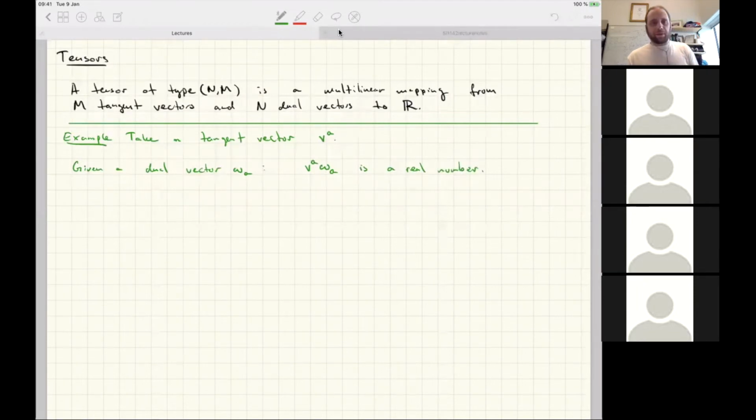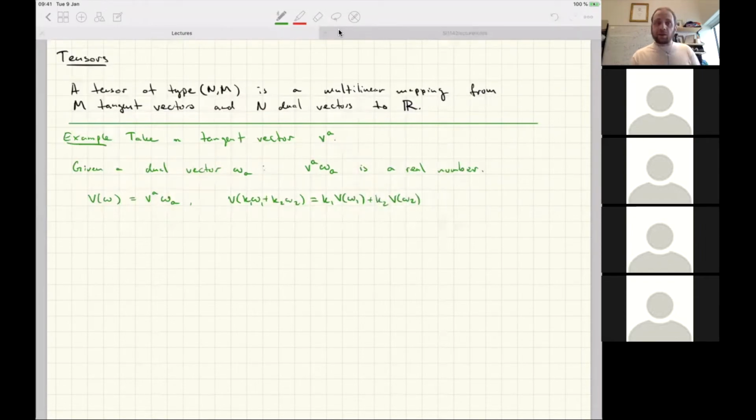Now this mapping, so if I take V of omega to be this V^a omega_a, this mapping is linear because if I put V of k1 omega 1 plus k2 omega 2, well, the sum is linear, so this is equal to k1 V of omega 1 plus k2 V of omega 2.